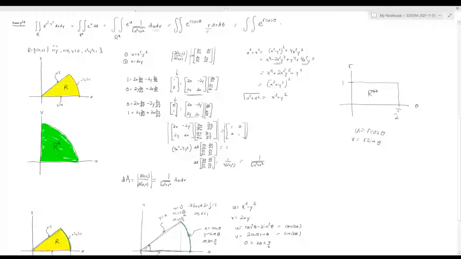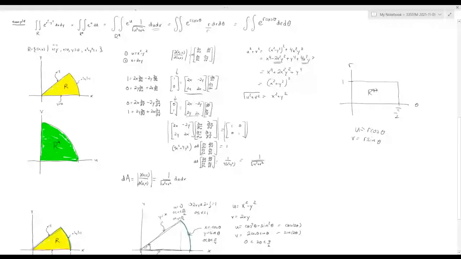And I don't know if I can actually integrate this or not. No, with respect to r, no problem.